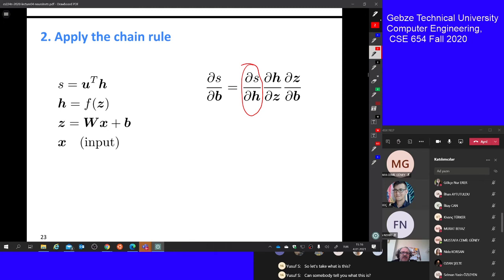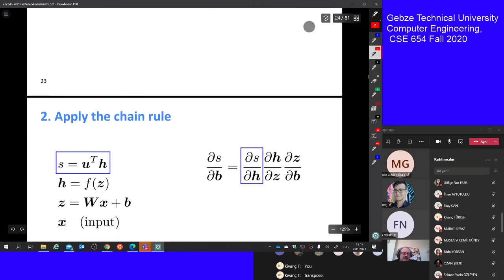Partial derivative of S with respect to H. I think we did this before. We definitely did this before. What is this derivative? Partial derivative? U transpose? Yes, exactly. U^T, okay.